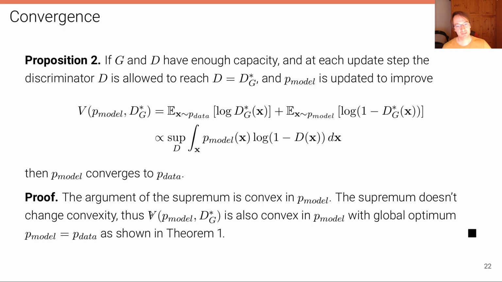And therefore, this virtual training criterion here is also convex in P model, with the global optimum P model being equal to P data, as shown in the theorem on the previous slide. And this shows that under these very strong assumptions, where we're optimizing directly for the model distribution and not its parameters as we are doing in practice, P model converges to P data.